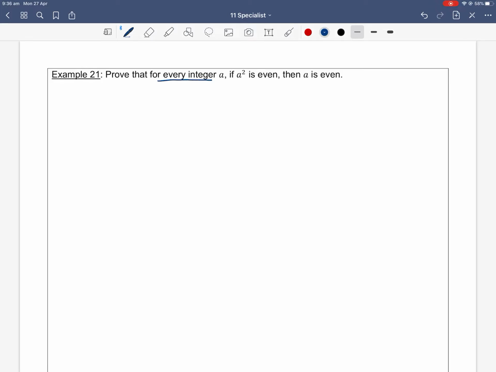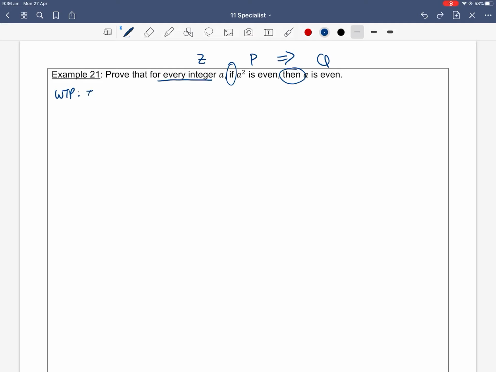Example 21 says, prove that for every integer a, if a squared is even, that's my P statement, then a is even, that's Q. So we're trying to prove that P implies Q for every integer a. All right?